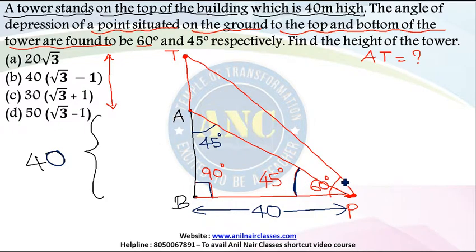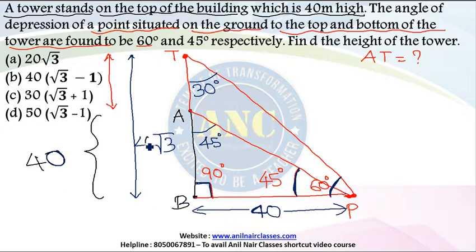Similarly, next, if I take this angle 60, bigger triangle, this angle 90, then this angle should be 30 degrees. Opposite to 30, if I take it as 1 unit, then opposite to 60, this entire value will be root 3. But opposite to 30 is not 1. Opposite to 30 is 40. 1 should be converted to 40 by multiplying factor 40.